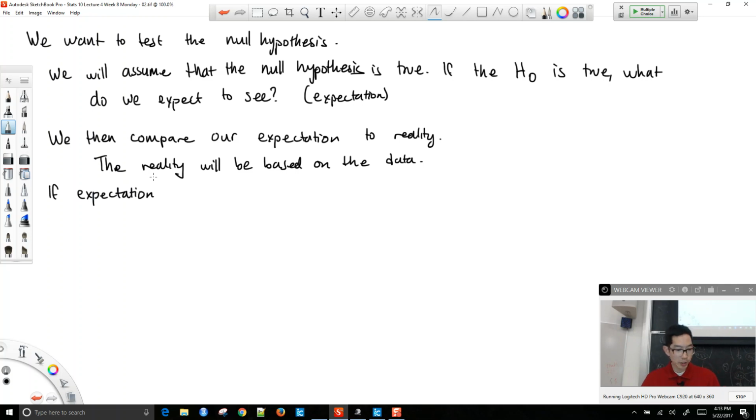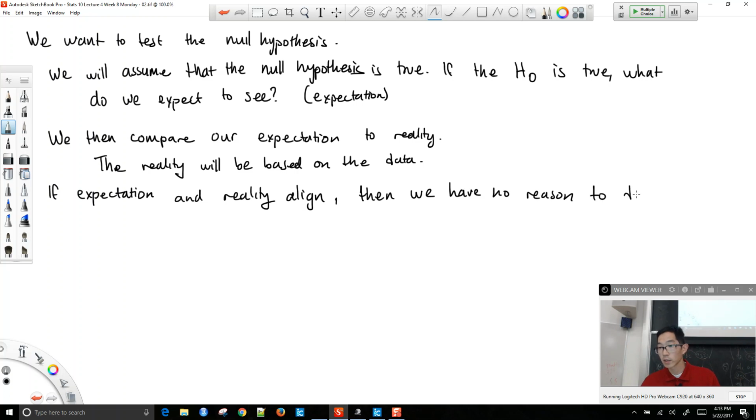If the expectation and reality align, that's a good thing, right? Or, it's not necessarily good or bad, but if the expectation and reality align, we have no reason to doubt the null hypothesis.